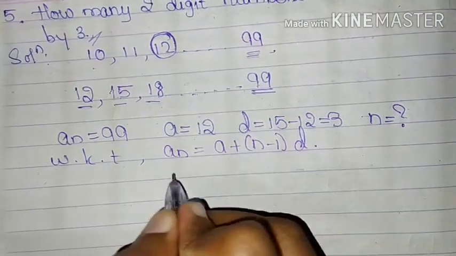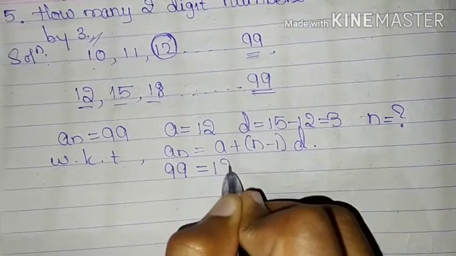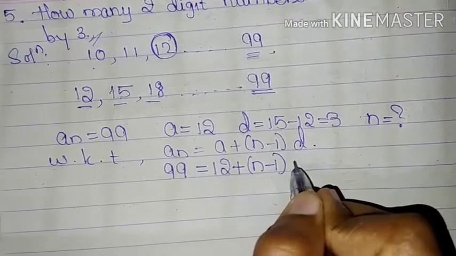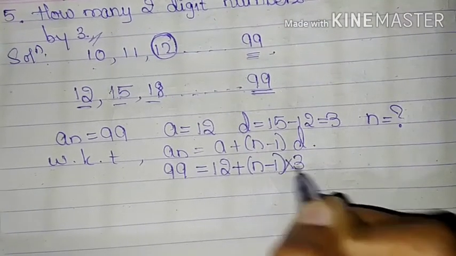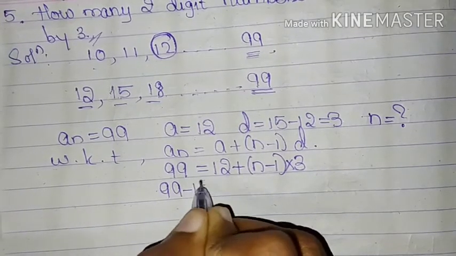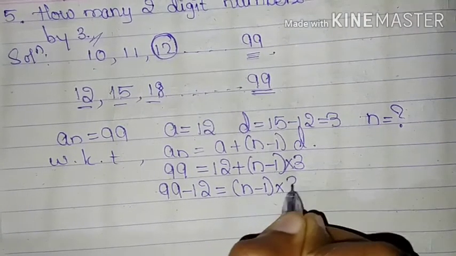Okay, so an is 99 is equal to a is 12 plus we don't know n, so we'll keep it as it is, and d is 3 multiplied by 3. So now 99 minus 12 is equal to n minus 1 into 3.